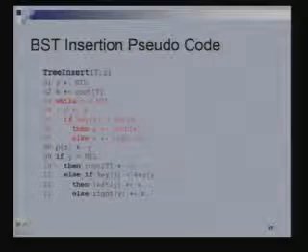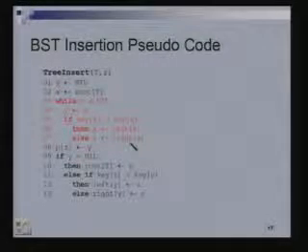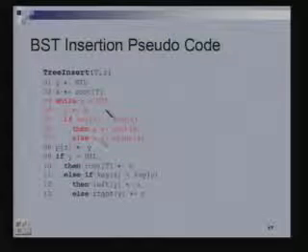Right. So that's what we are doing. Initially y is null, x is the root. Then y takes the value x, and x goes to either the left or the right child of x. And we keep doing this till we hit null, till x becomes null. When x becomes null, y is pointing to the right node.